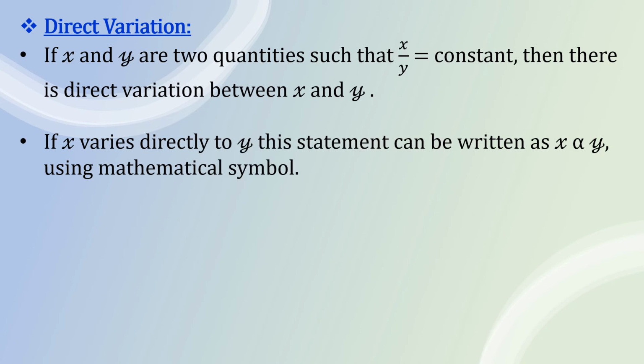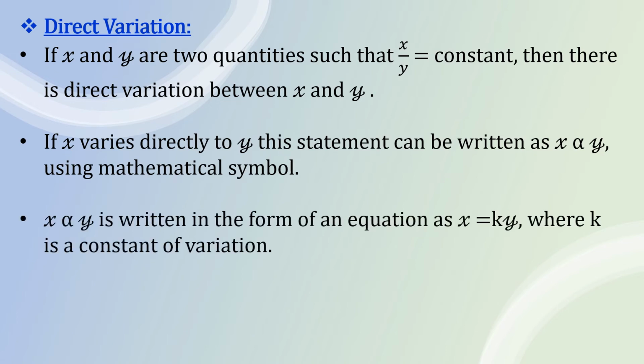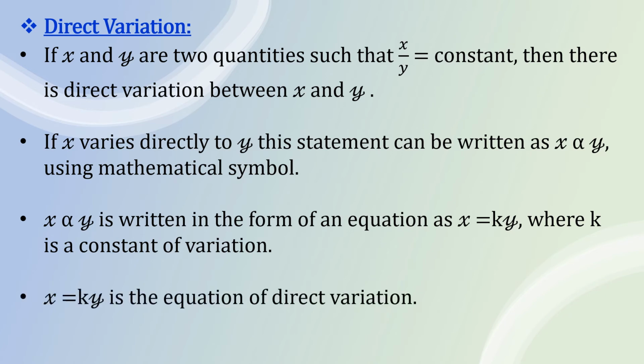Second, if X varies directly to Y, this statement can be written as X varies Y in symbolic manner, that is using mathematical symbol. Third, X varies Y is written in the form of an equation as X equal to K into Y, where K is a constant of variation, and X equal to K into Y is the equation of direct variation.